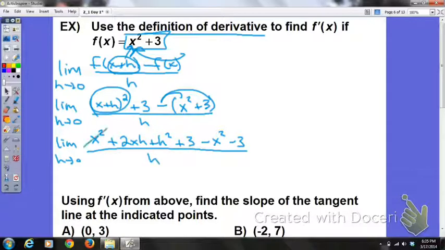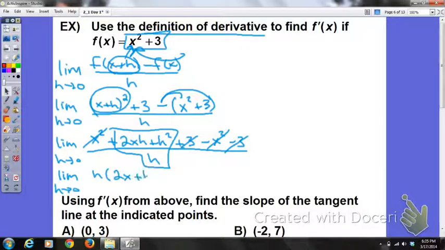We can cancel out our x squareds. We can cancel out our 3's. So we now have the limit as h approaches 0 of 2xh plus h squared over h. Now we still have a little bit of a problem because we can't use direct substitution of 0 in for h, but we are able to factor out an h in the numerator. So the limit as h approaches 0 of h times the quantity 2x plus h over h.